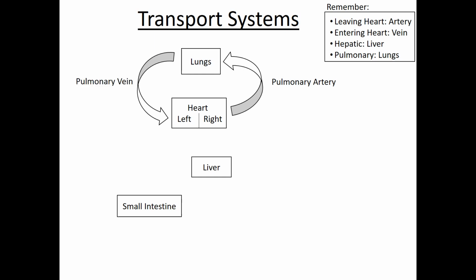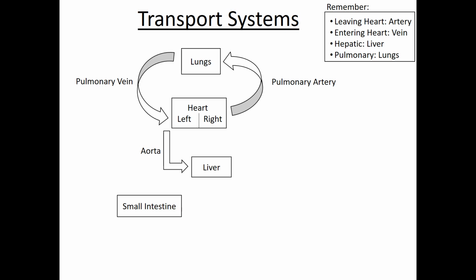So this will be pulmonary vein. Now after that, we can go ahead and pump that oxygenated blood back out, and blood leaves your heart primarily through one really large artery called the aorta. So this one has its own special name.